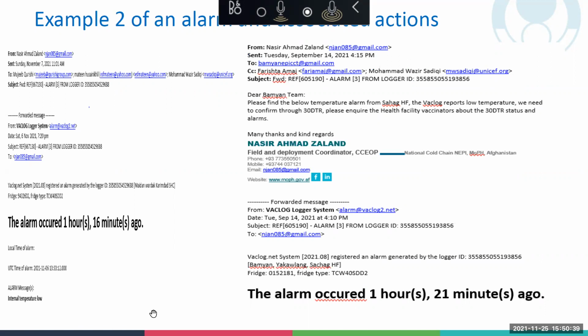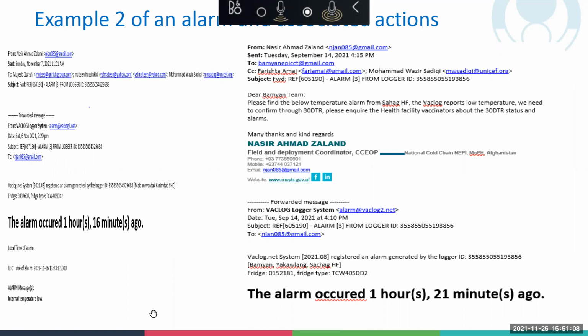So you can see the CCOP coordinator writing immediately back to the Bayan team to also cross-check the internal low temperature with the fridge tag inside the fridge to corroborate whatever the alarm is saying. And also on the left-hand side, you can see the communication he has passed on to the Quraishi Group, indicating the location where this equipment internal low temperature alarm has been sent from.